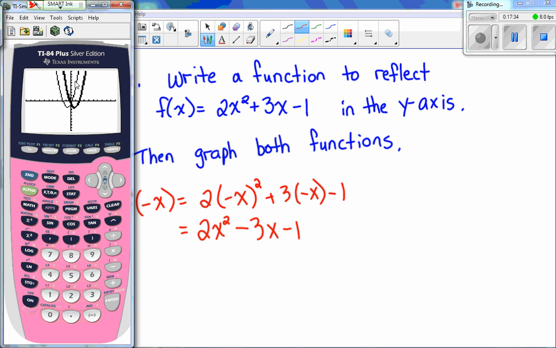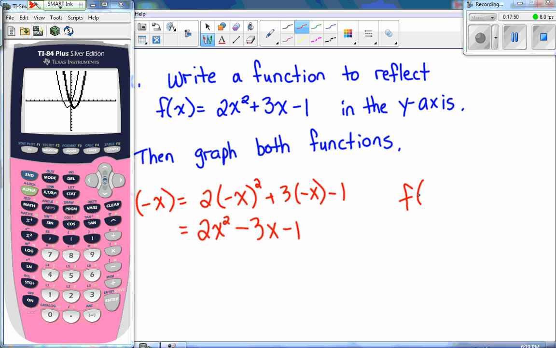So you can see that it is a reflection across the y-axis. And notice, even though it is a reflection in the y-axis, this is not an even function, because to be an even function, f of negative x has to equal f of x. And clearly it doesn't, so it's not an even function.